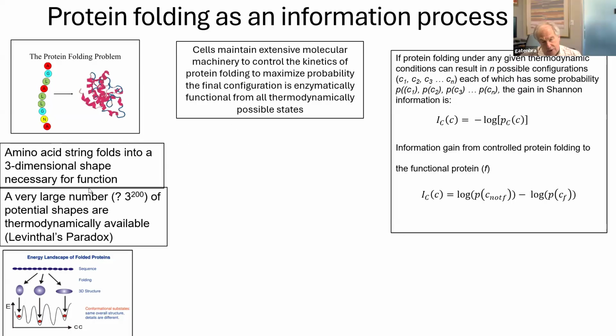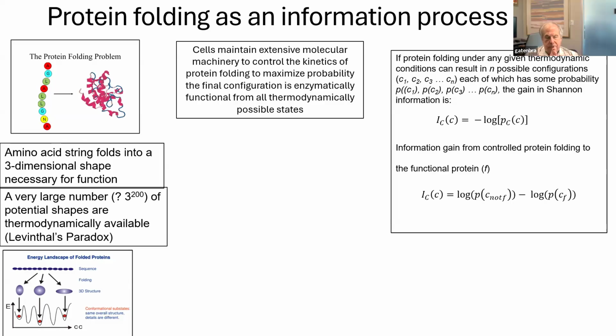What Levinthal calculated, and I still find this hard to believe, is that this huge number of potential shapes are available. And so, again, just looking at it from a thermodynamic point of view, you could say that there are a large number of potential three-dimensional structures, each of which would have a certain probability of occurring, given purely thermodynamic control.